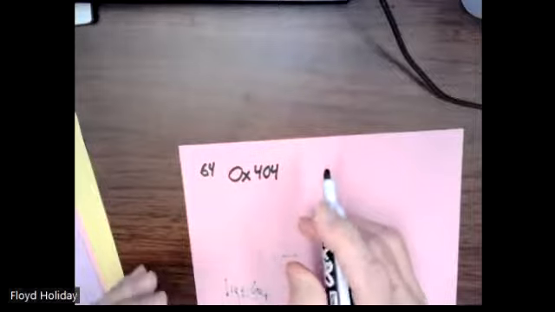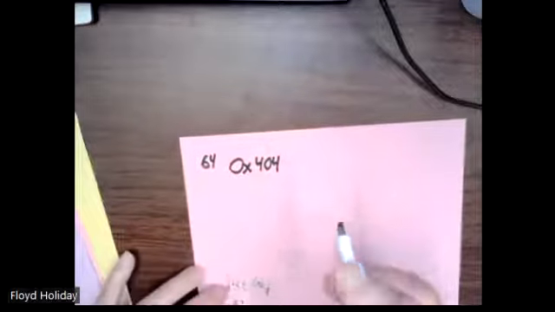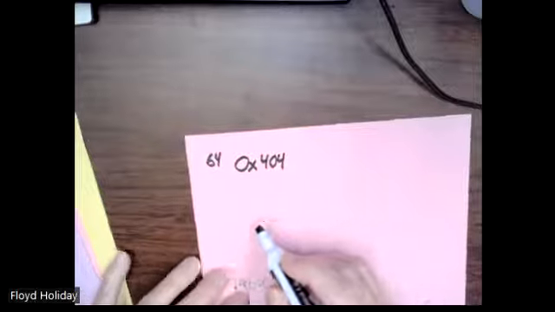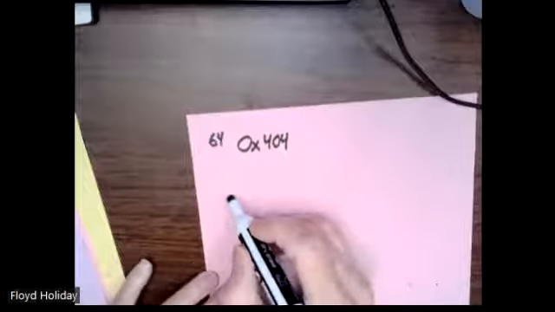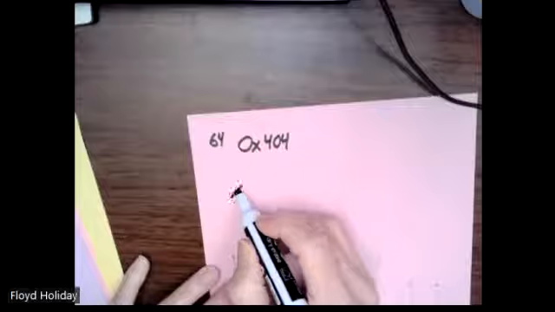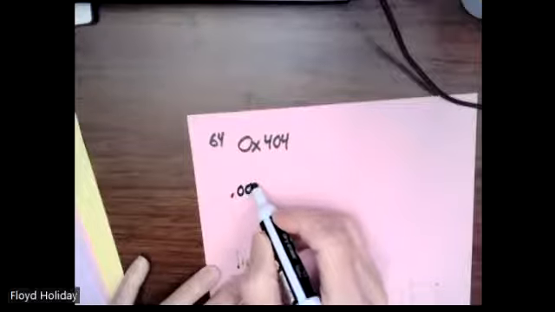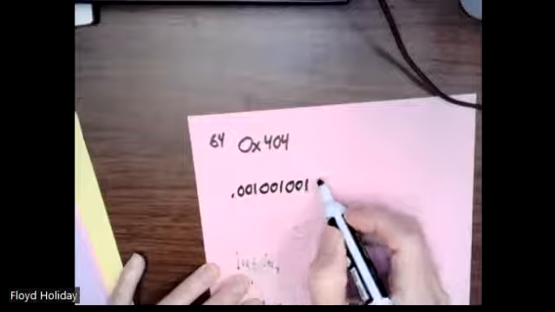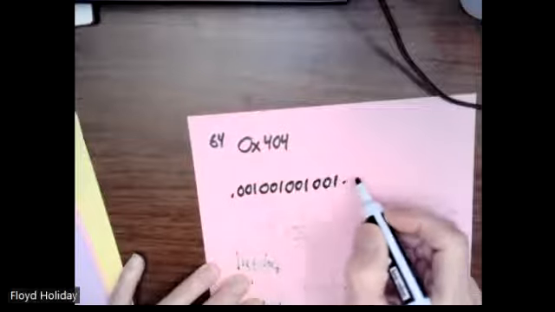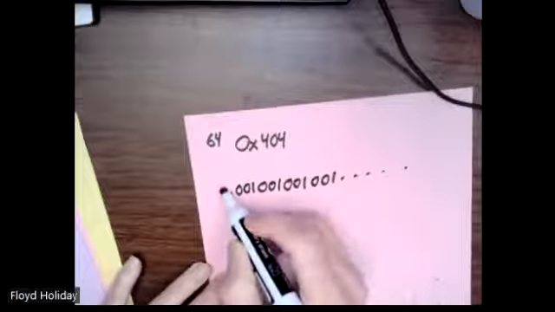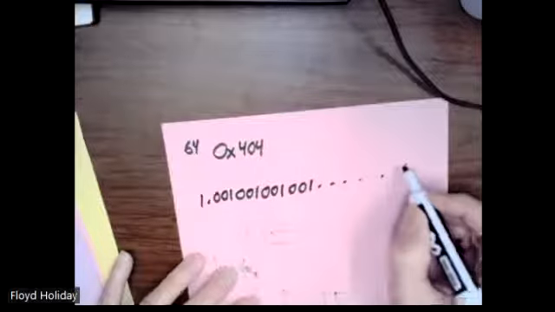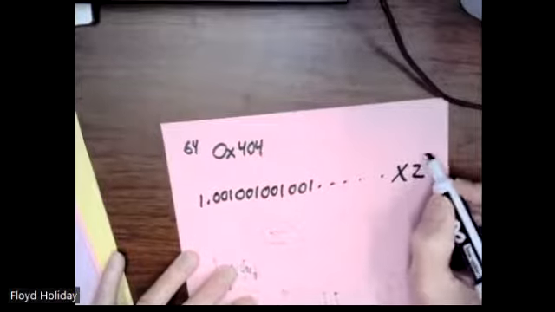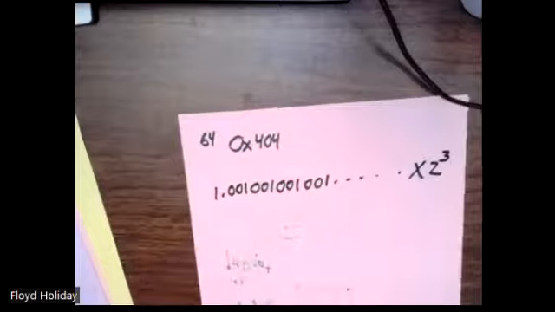And then, let's make this the mantissa: 0, 0, 1, 0, 0, 1, 0, 0, 1. And this just goes on forever. Okay. And there's probably a 1 here times 2 to something.